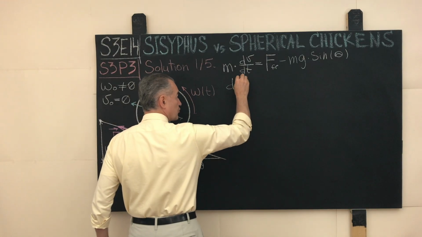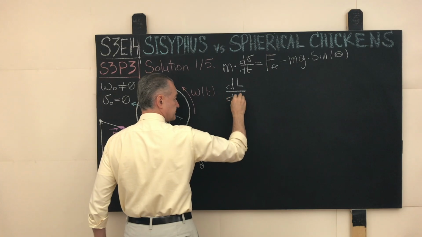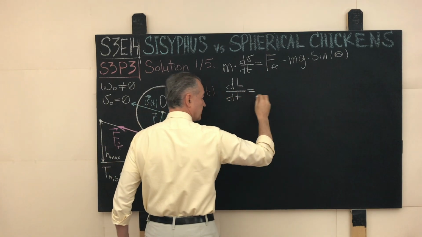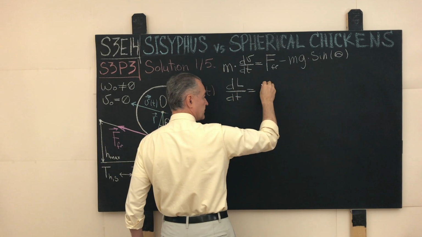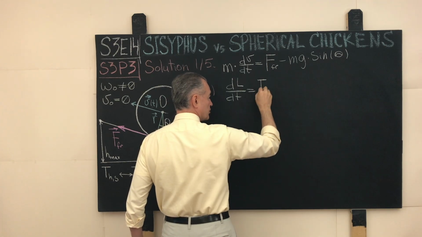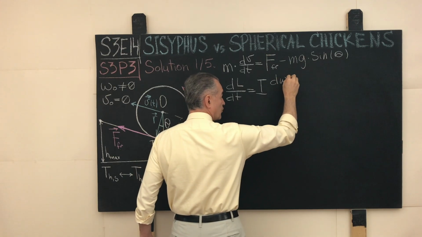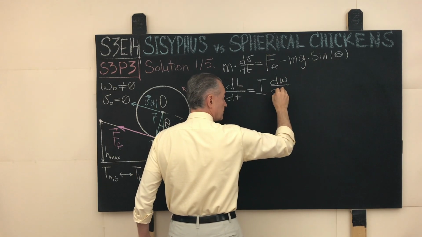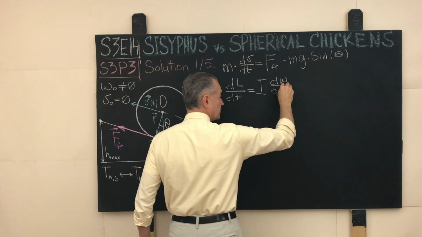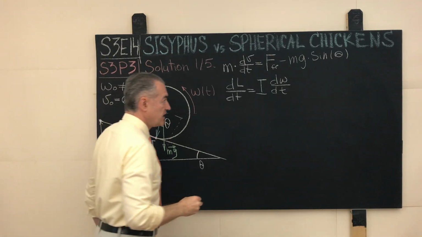That the first time derivative of torque, uppercase L, designates torque. In this case, this is a quite pleasant case, will be what? The moment of inertia, which doesn't vary over time, times the first time derivative of the angular velocity of our spherical chicken of uniform density. And that is equal to what?